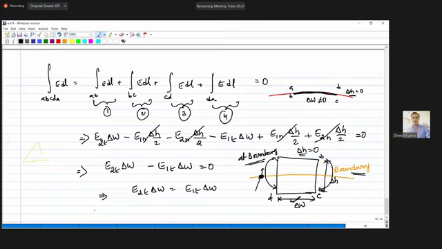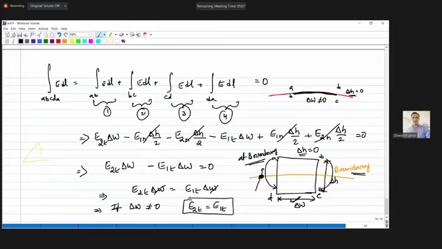So if delta W is not becoming 0, obviously in order to satisfy this equation, E2t must be equal to E1t. So simply you can cancel these two, and E1t is equal to E2t.